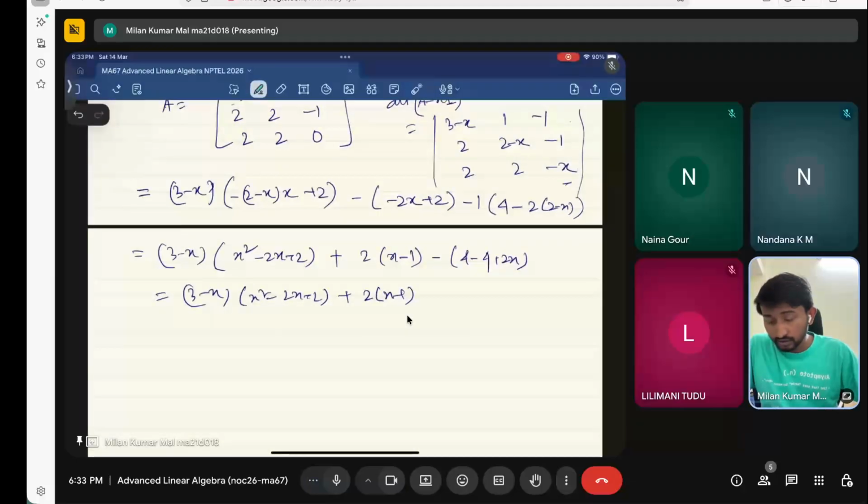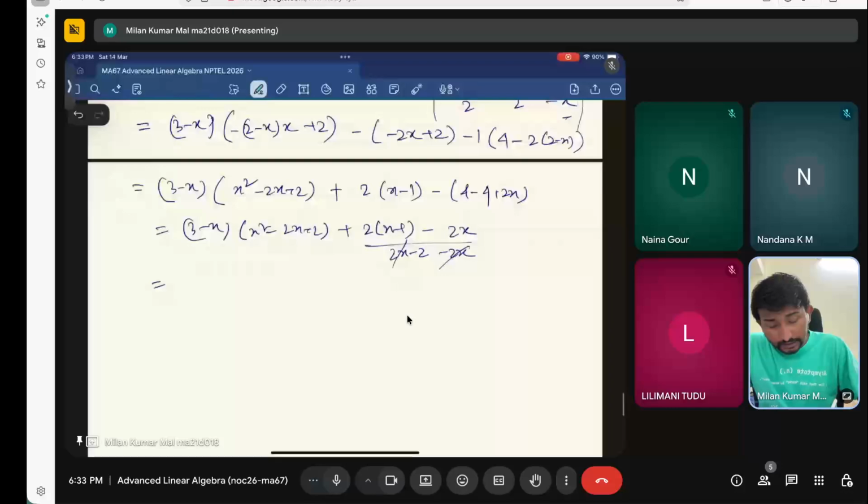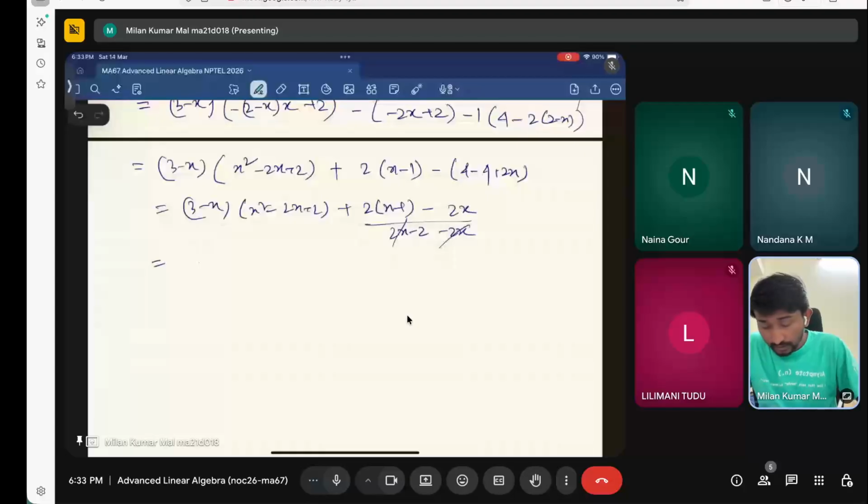Just a minute. So this is equal to 3 minus x times (x square minus 2x plus 2), minus 2.